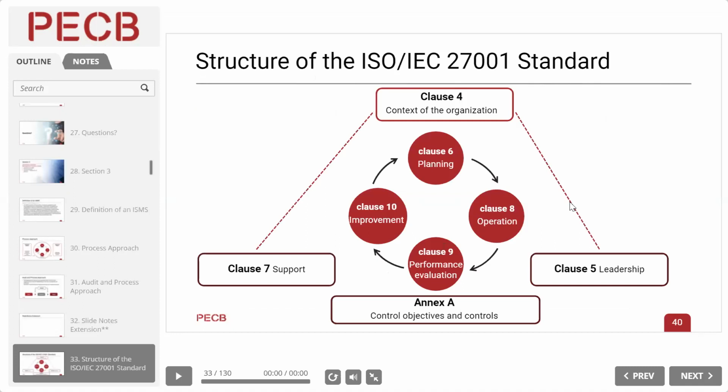Now, this is the structure of the standard itself. So as I said, we've looked at the common areas earlier on. So this just puts it into perspective. Some of the things that are implemented as part of the management system. So what we are seeing here is common to all the management systems that we've mentioned, except the Annex A, the control objectives and controls.